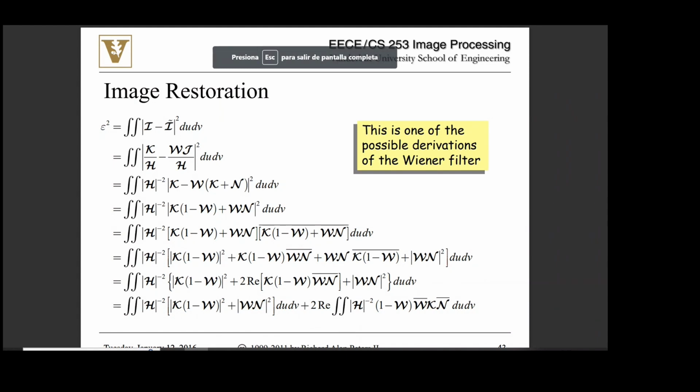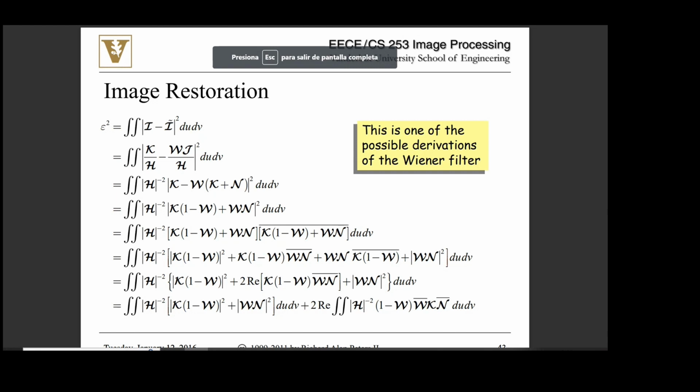We put I is K divided by H. The I tilde, my estimate, is W J, so I take the observation, multiply by W, that is my filter, and then divide by H. And then you manipulate this expression. All this is just algebra. I will take H out, so you have it there, and then I will substitute J by K plus N. So it is just pure algebra.